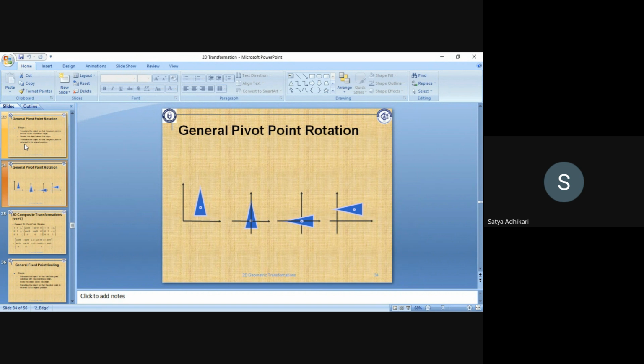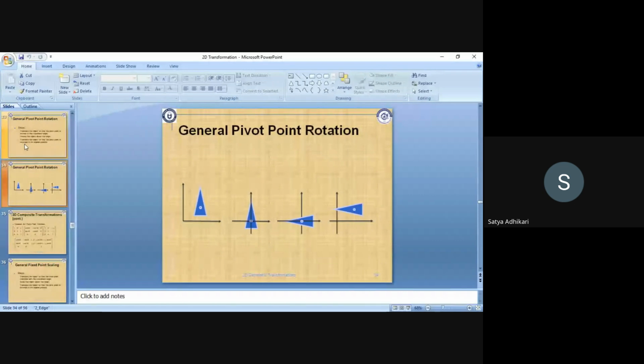The pivot means that point should remain fixed. It will not be changed under any circumstances. The other points will be changed. That is why I call this the pivot point. So I now want to rotate the object with respect to that point, meaning that point should remain fixed in the object.